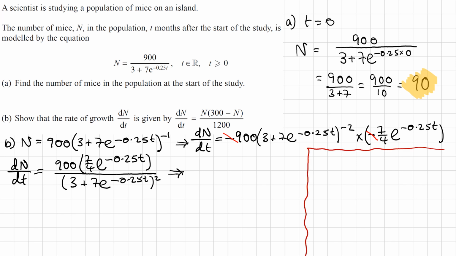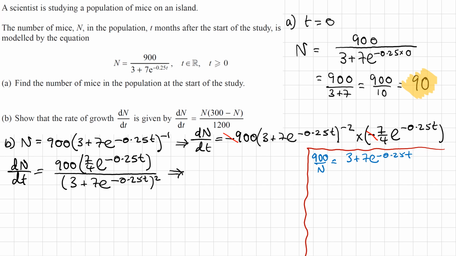Okay, so let's do a little bit of side working over here. I want to get at this denominator, so I'm going to do the reciprocal of both sides. So I'll end up with 1 over n is equal to 3 plus 7e to the negative 0.25t over 900, and then I'll multiply both sides by 900, so the 900 will now become the numerator over here.